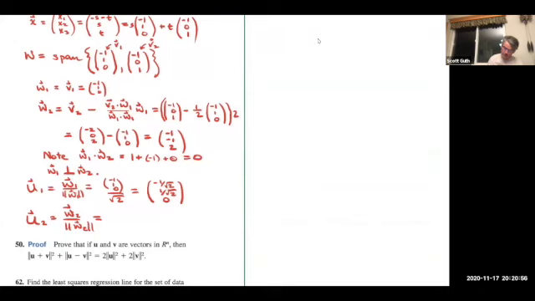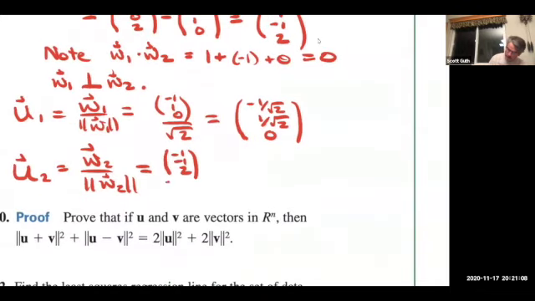Okay, so W2 is -1, -1, 2. And then that'll be over the magnitude of that. So let's see, that'd be 1 plus 1 plus 4, 6. Just over the square root of 6. So I think we're going to have negative 1 over root 6, negative 1 over root 6. Oops. And then 2 over root 6.